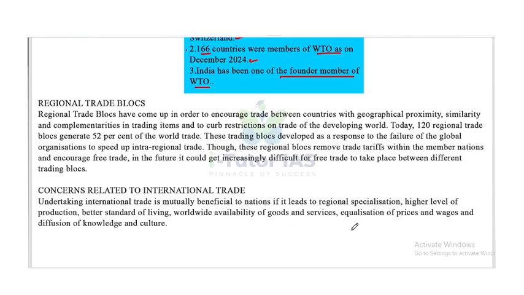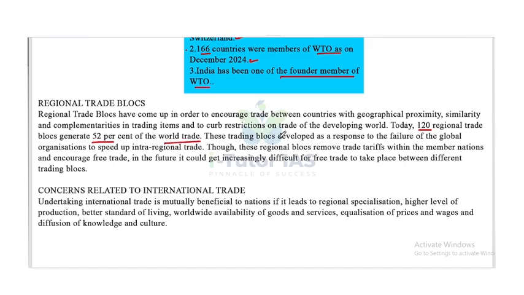Now, regional trade blocs. Regional trade blocs have come up in order to encourage trade between countries with geographical proximity, similarity, and complementarity in trading items, and to curb restrictions on trade of the developing world. Today, 120 regional trade blocs generate 52% of the world trade.